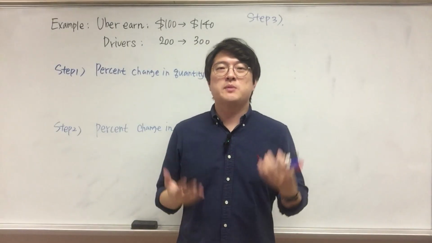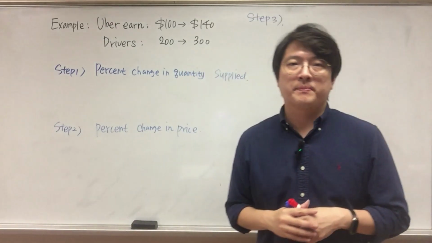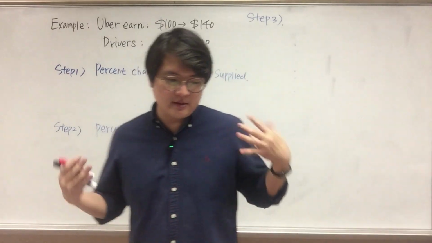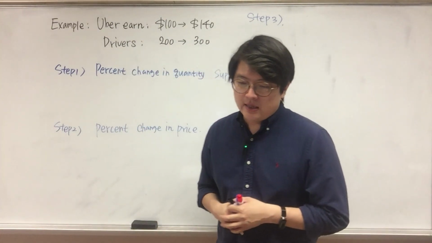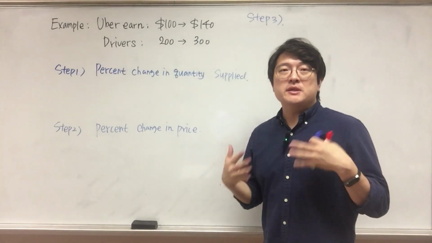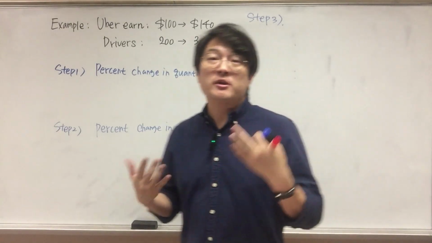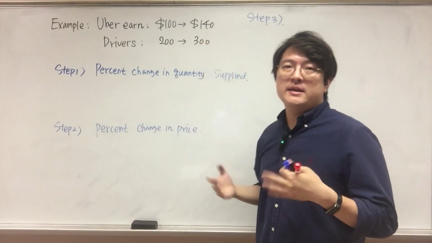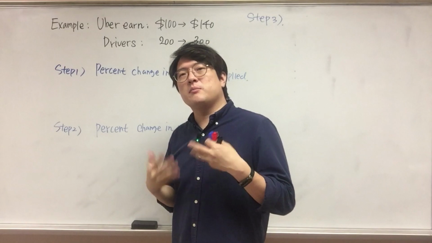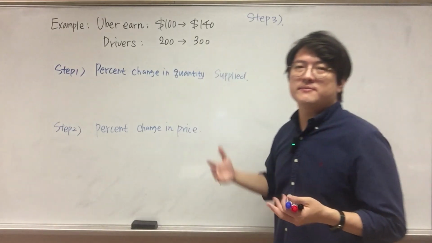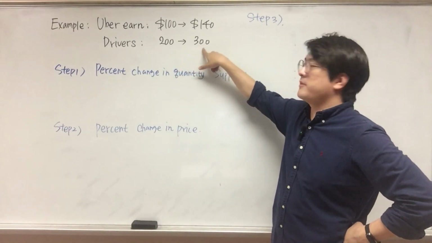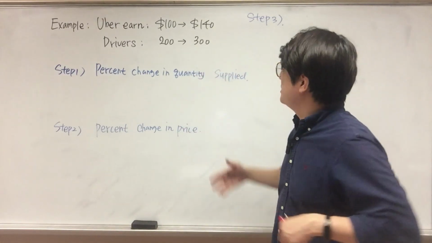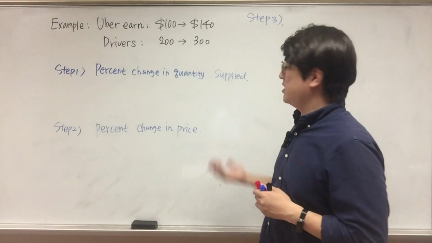Okay. So let me give you an example of Uber. I will use the midpoint method for getting the price elasticity of supply. So if Uber's price increased from $100 to $140, and at the same time the number of drivers increased from 200 to 300, what is the percent change in quantity and percent change in price?